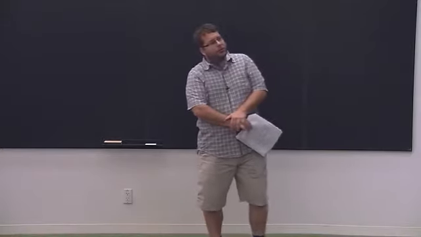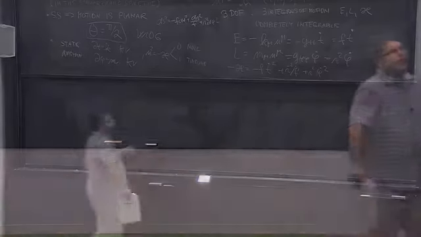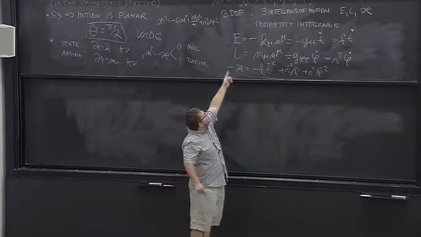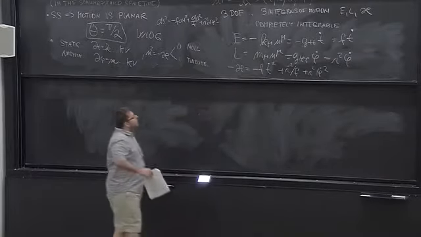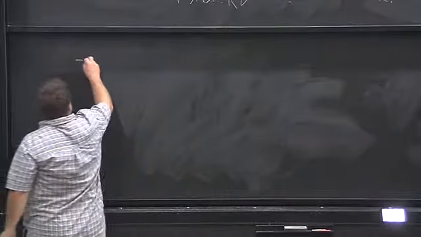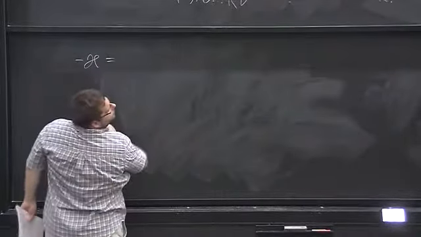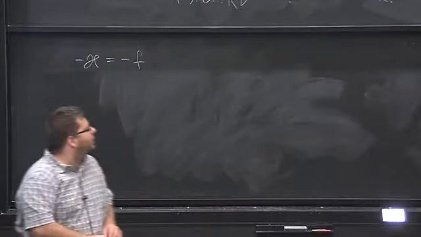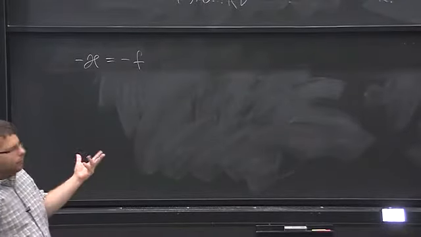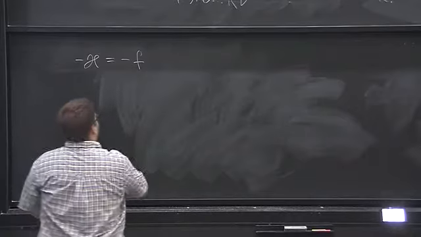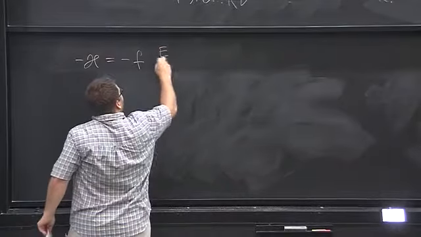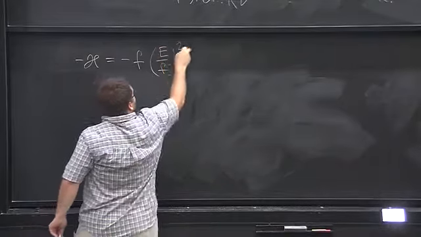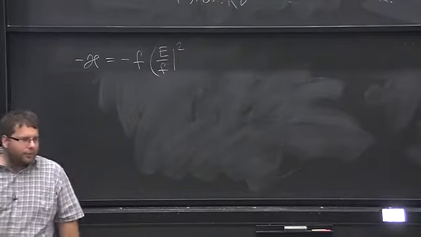And let's just substitute for t dot and phi dot from the other equations in terms of E and L. Okay, so then I have minus kappa equals minus f, and t dot is E over f, and then square. That's t dot square.